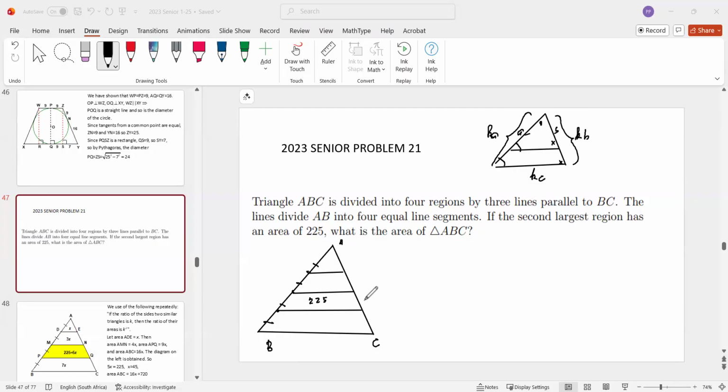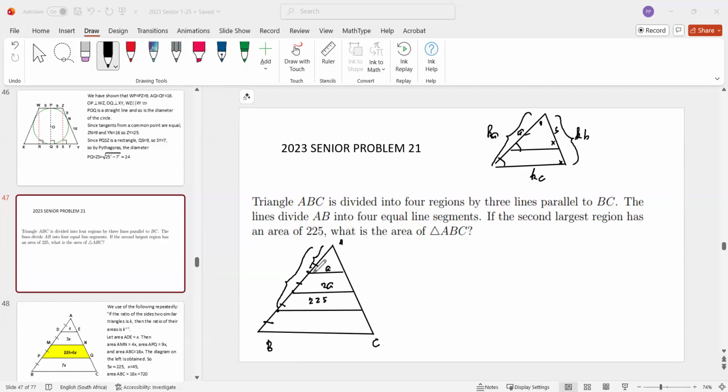And therefore, if I call this A, you can see the ratio. This over this, that's your kA over A. This over this is 2. So therefore, this will be 2A. Now, likewise, this and that is 3 now, because you've got 3 parts.